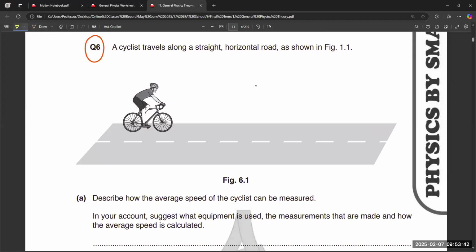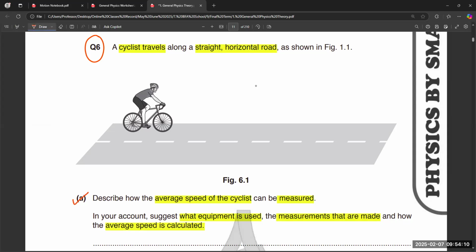Question number 6. A cyclist travels along a straight horizontal road. Describe how the average speed of the cyclist can be measured. In your account, suggest what equipment is used, the measurements that are made, and how the average speed is calculated.